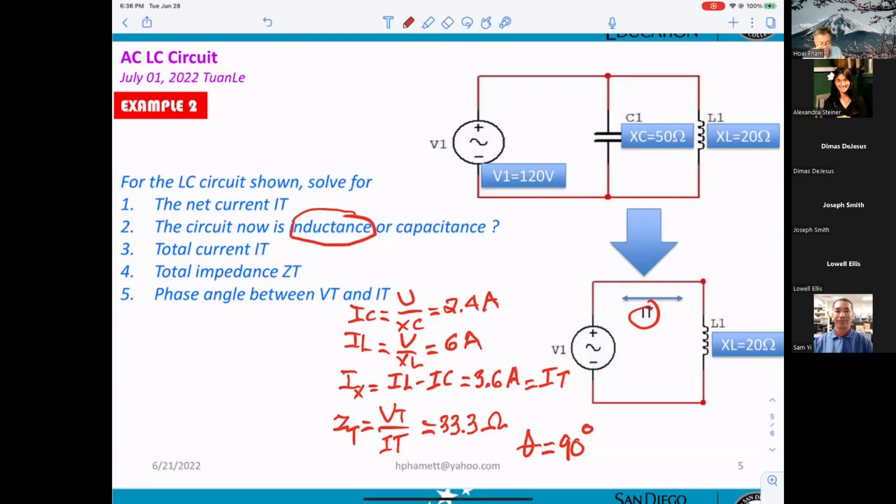But the scope we're using at the school is a new one. It already calculates inside. You just press on VRMS, and it displays the value.